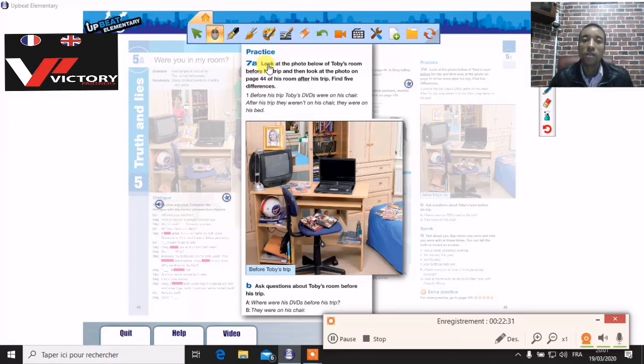For this activity 7, it says, look at the photo below of Toby's room before his trip, and then look at the photo on page 44 of his room after his trip. Find 5 differences. Okay, so here is an example, right?